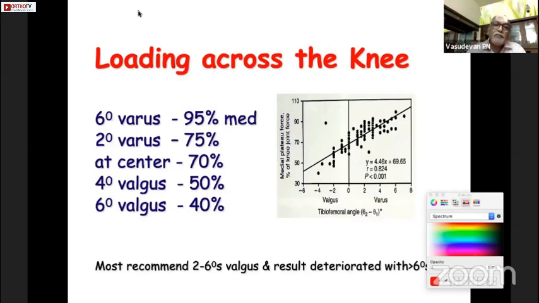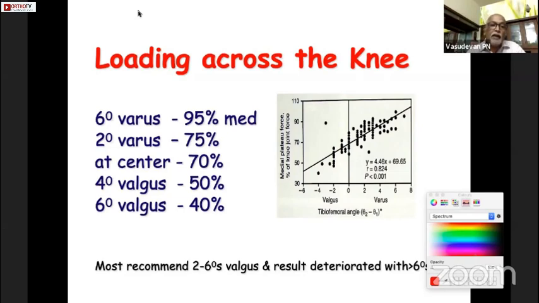When you don't have any deformities, that is, when you have a fairly straight bone, straight knee joint, you have 70% load going onto the medial condyle of the femur and tibia. When you have 2-degree varus, it is 75%. Just think about 6-degree varus, it comes to about 95%. 95% load there.